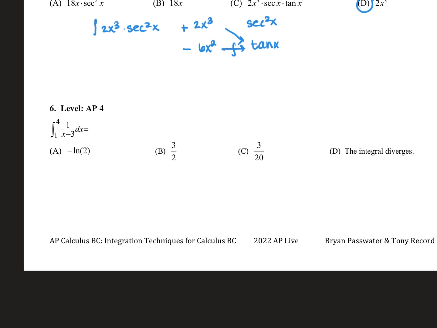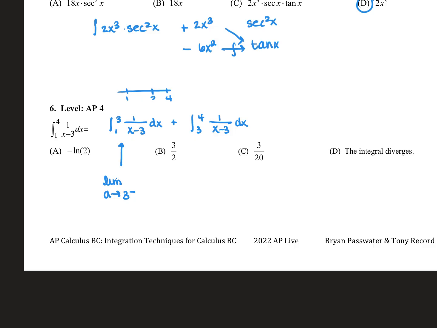So here, it's not quite obvious, but this is an improper integral. What's happening here is right at 3, it becomes undefined on the bottom. So we really have two pieces that are improper. Once we get divergent from one of them, all of them would diverge, or both of them, because a divergent plus whatever is still going to diverge. So I'm going to take the limit, and as a approaches 3 from the left side, notice my integral is going from 1 to 4.